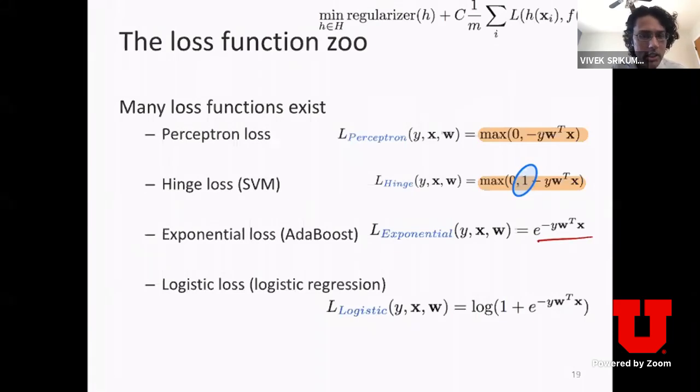It turns out logistic regression fits in the same framework, and we will see this in a lot more detail. Logistic regression is just a linear classifier that minimizes what's called the log loss or the logistic loss. It's just another loss function. These are all different ways of saying this classifier made a mistake.